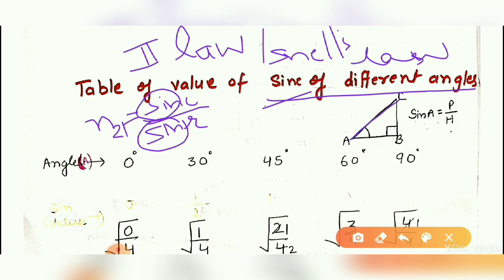Suppose this is a right angle triangle which is right angled at B, and this angle is A, this is B and C. Then sine of angle A is given by the ratio of perpendicular upon hypotenuse, means BC upon AC. This is one of the trigonometric ratios.